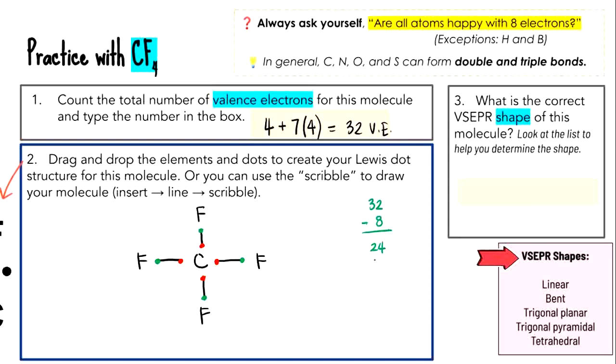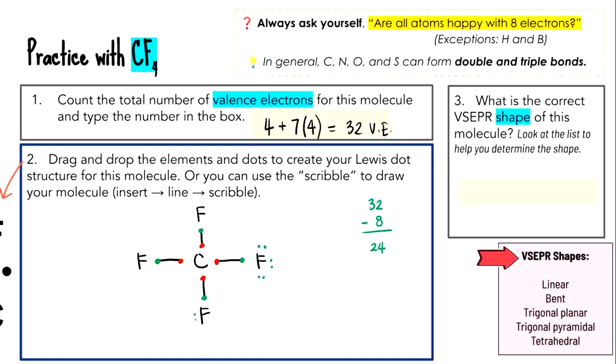Now we have 24 valence electrons to work with. So with those remaining valence electrons, we want to take care of the outside atoms first. How many more do you draw? If fluorine already has 2 electrons, then we're going to draw 6 more so that it has a total of 8. Remember, all atoms want 8 valence electrons, right?